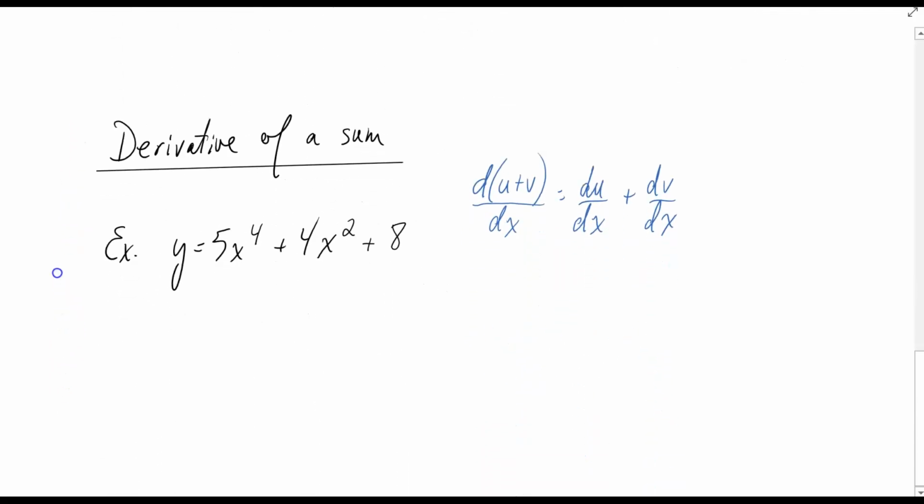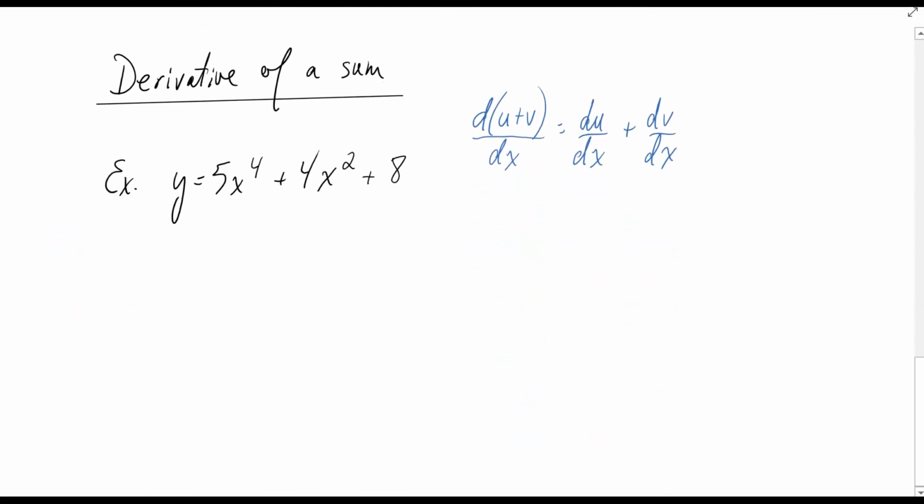The derivative of a sum of different terms, of different powers of x, then, is the sum of their derivatives. So if we have a first term, we find its derivative with respect to x. And then we have a second term, we find its derivative with respect to x, and so on.